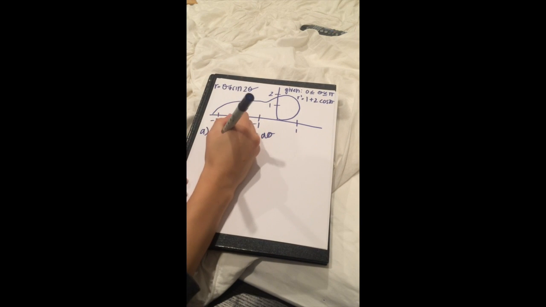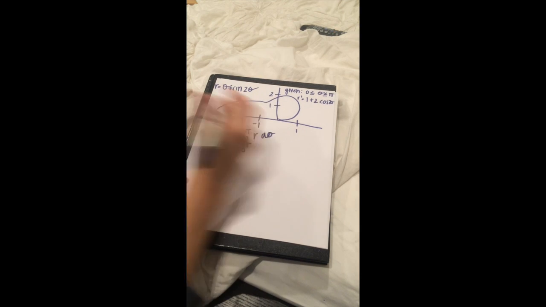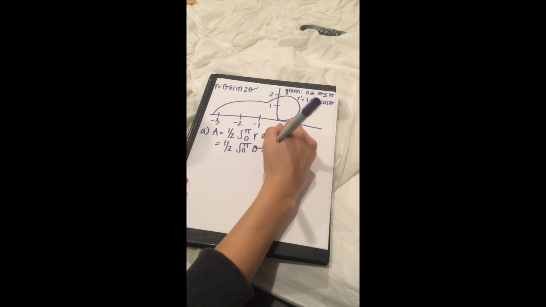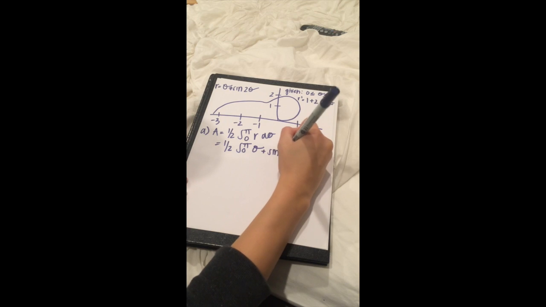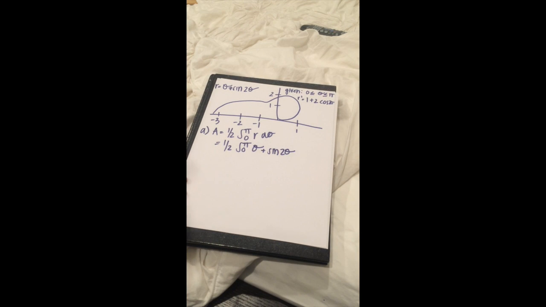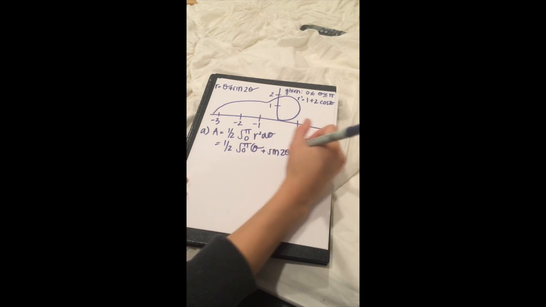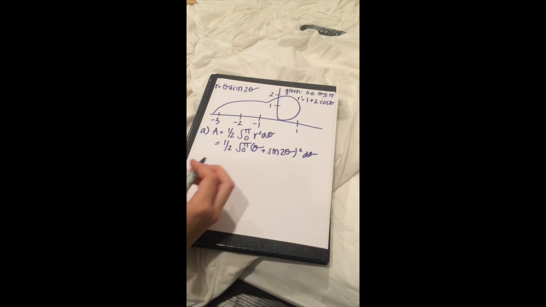We do know what r is, so let's plug that in: 1/2 times the integral from 0 to pi of theta plus sine of 2 theta, the whole thing squared, and then don't forget your d theta.